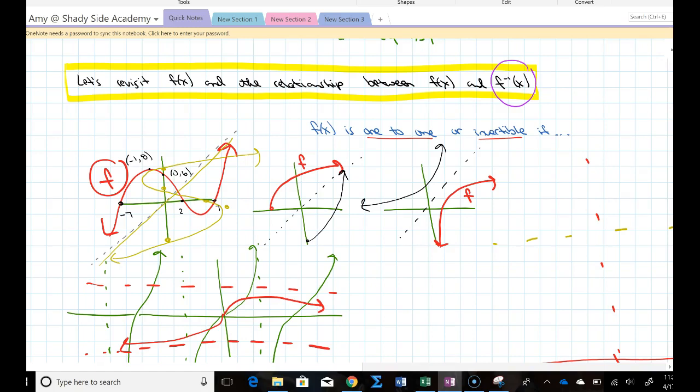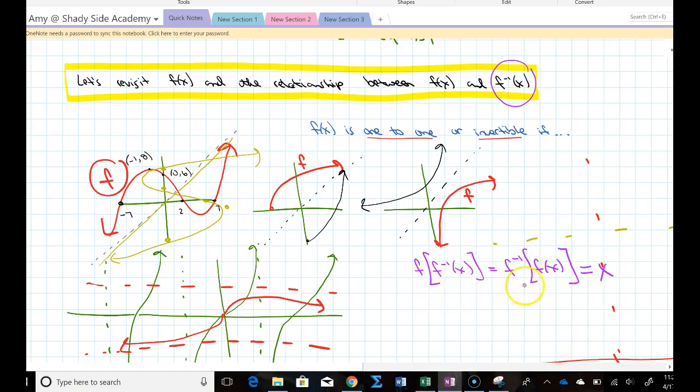And then there was also the algebraic definition, which I'm not going to get into right now on this screencast, which said that if we take f and compose it with its inverse, in either direction, they are always equal to x, right?